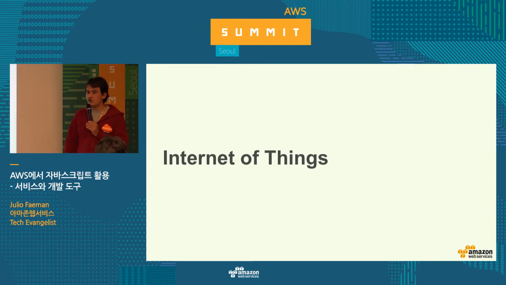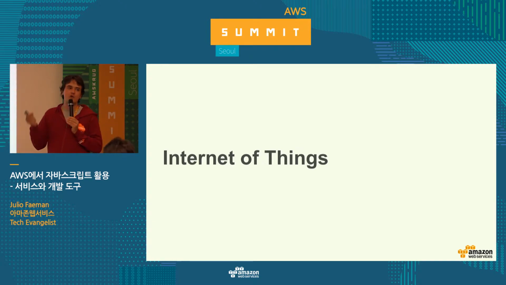And it also extends to the Internet of Things. With Node.js, you can run JavaScript on small devices such as Intel Edison, Raspberry Pi, or basically anything that has a Linux operating system, which can probably run Node.js and then can run the AWS SDK, right?